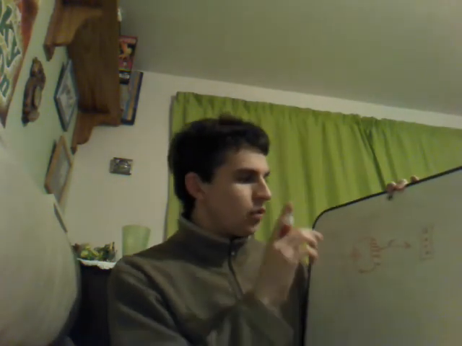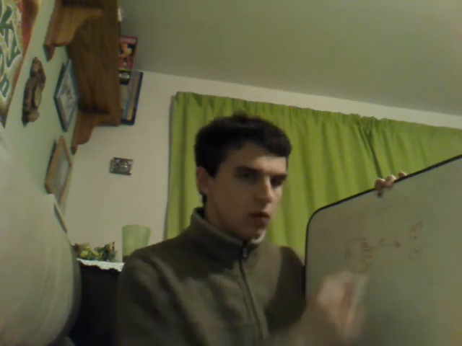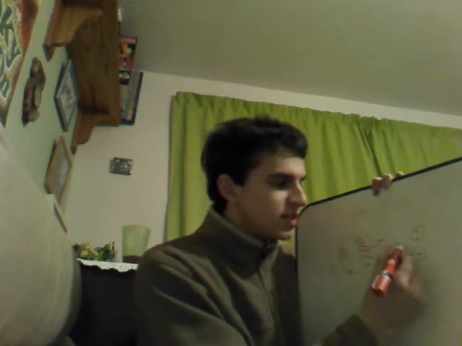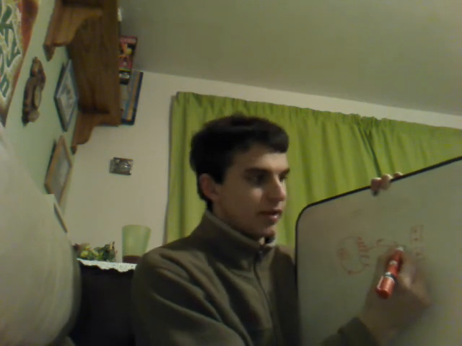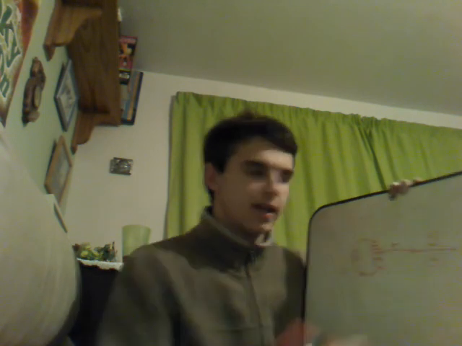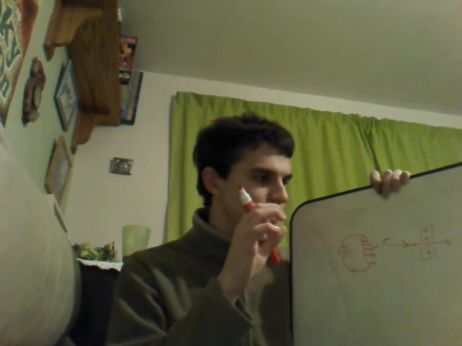Let me just make sure I'm doing this right. Yes, lovely. So, what you can do is make a little hole in the anode. Some electrons will be attracted to the anode, well, all of them will be attracted to the anode, but some will pass through the hole in the anode. So this electric field will accelerate these electrons.